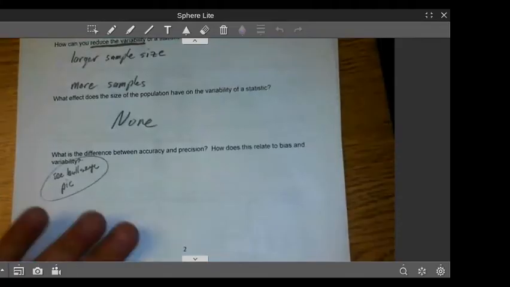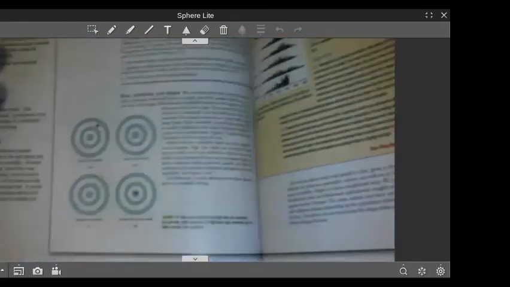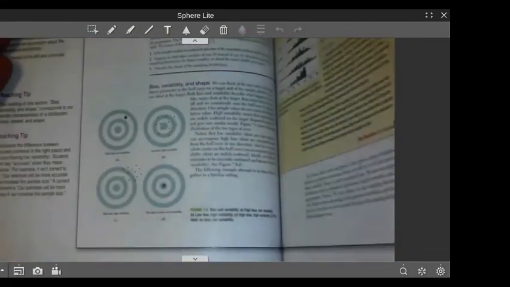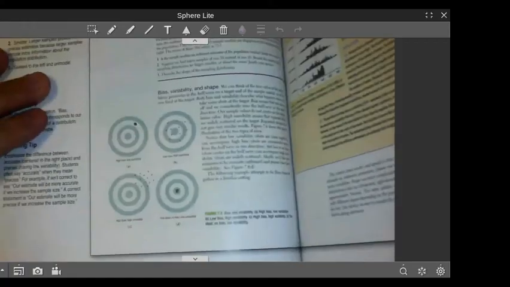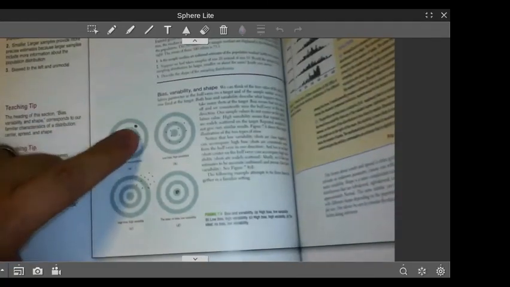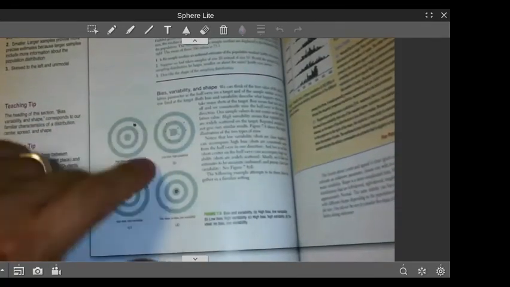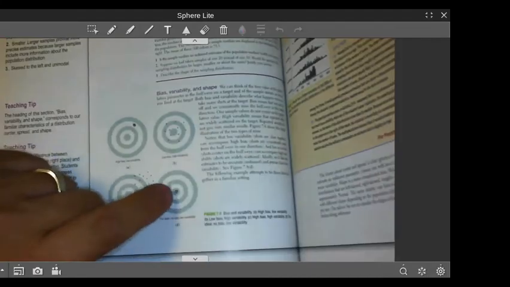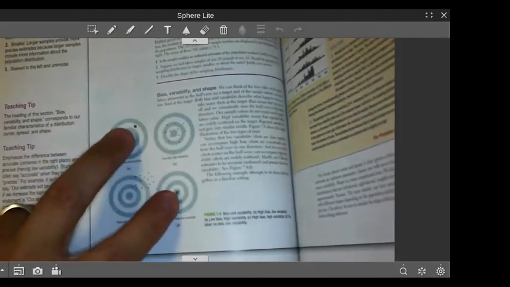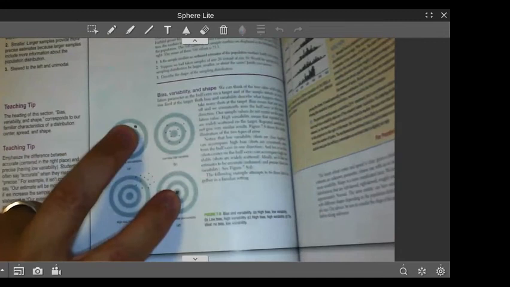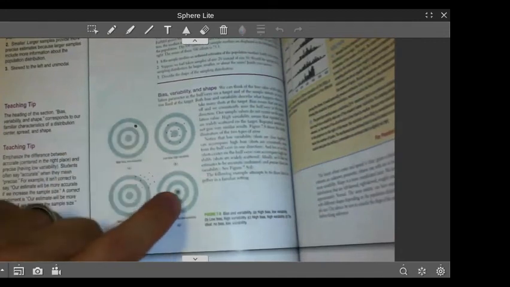All right, and then this last thing is the difference between precision and accuracy. So we have this picture, right out of the textbook. It's really good. We've got a bullseye and where all the shots are. High precision is these two: all of the shots are about in the same spot. This one has high accuracy as well.